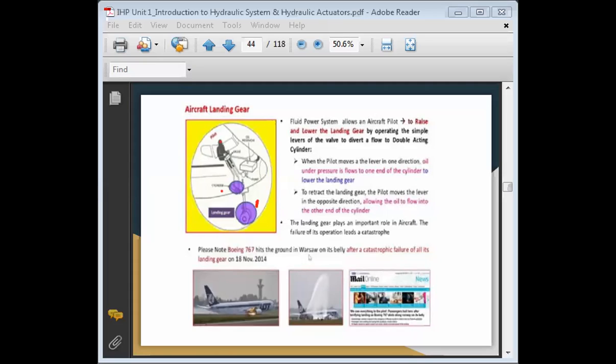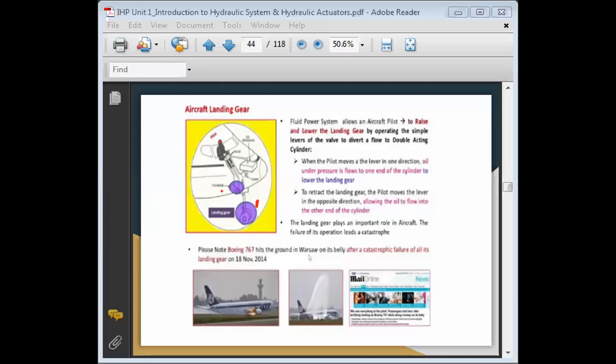So the landing gear plays a major role to raise and lower the landing gear using a simple lever operated by the pilot. Just what the pilot is doing is moving the lever.